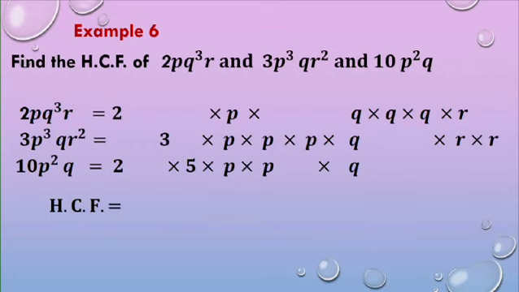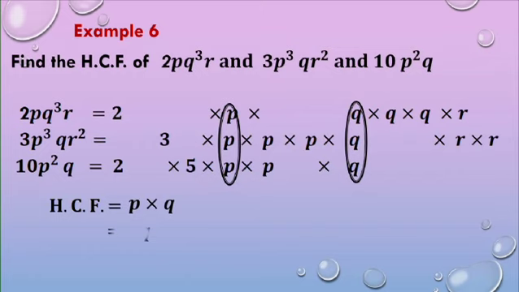Here the common factors are p and q. So the HCF is p times q, which is equal to pq. As you can see here, we have not taken the integer values 2, 3 and 5 simply because they are not common to the three terms.